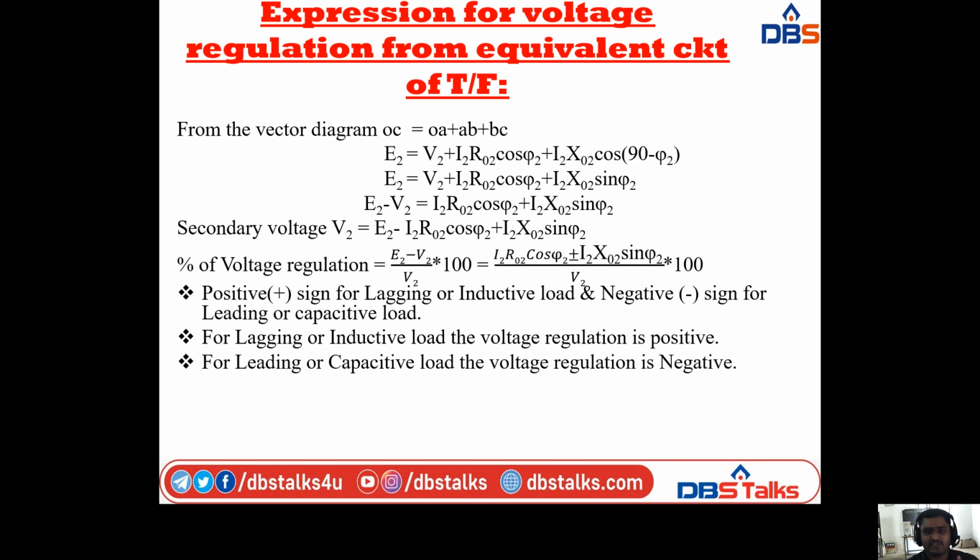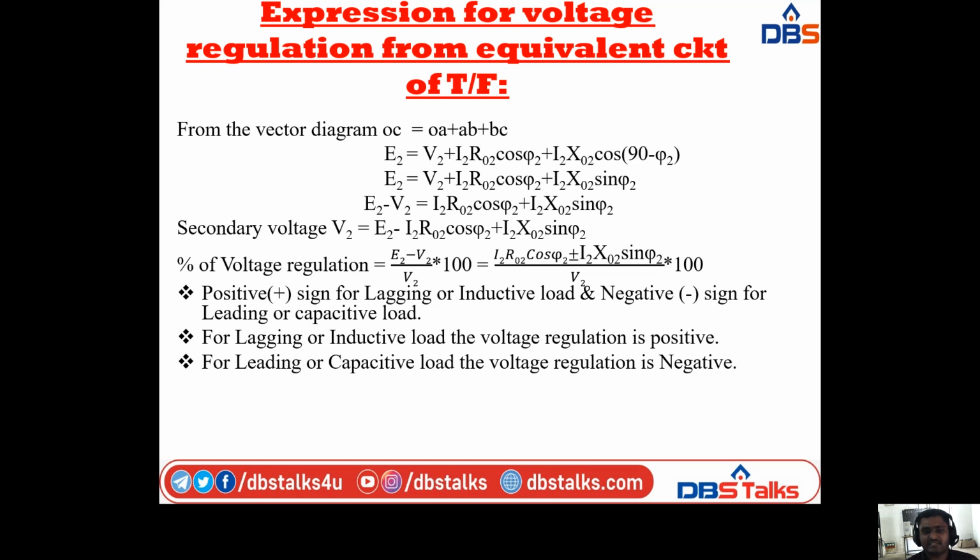Next we write E2 is equal to V2 plus I2 R02 cos phi 2 plus I2 X02 cos of 90 minus phi 2. From trigonometric functions, cos of 90 minus phi 2 is sin phi 2. So E2 is equal to V2 plus I2 R02 cos phi 2 plus I2 X02 sin phi 2.